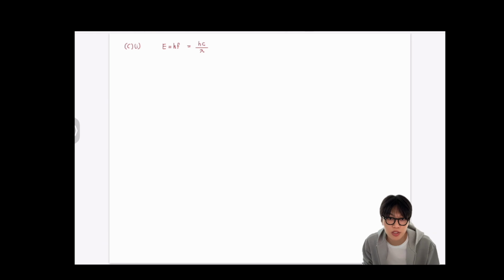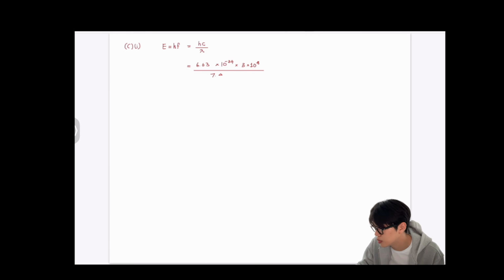Now we can just substitute the numbers, right? So h is 6.63 times 10 to the negative 34 times c, which is 3 times 10 to the 8, divided by lambda, in this case 7.47 times 10 to the negative 12. It is given in the question, right?